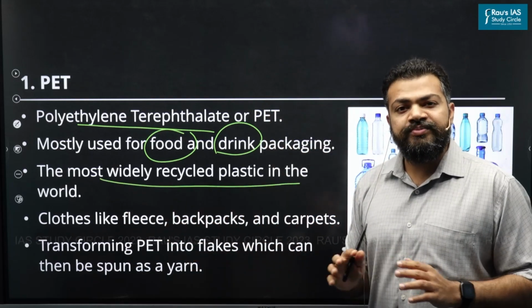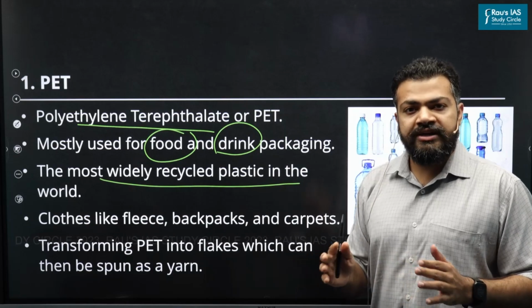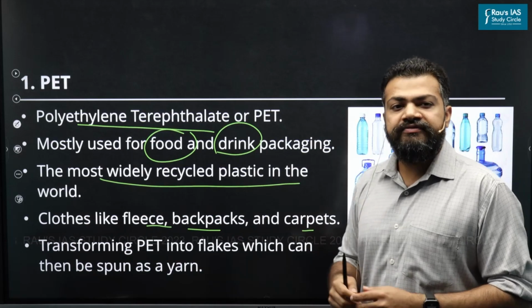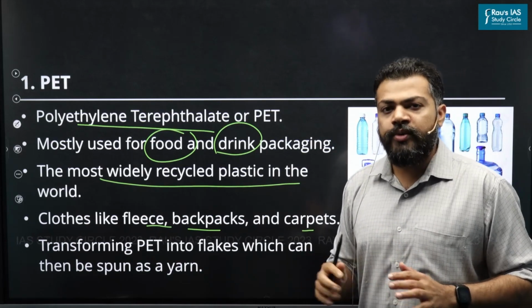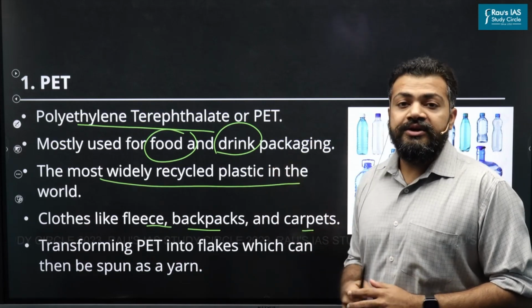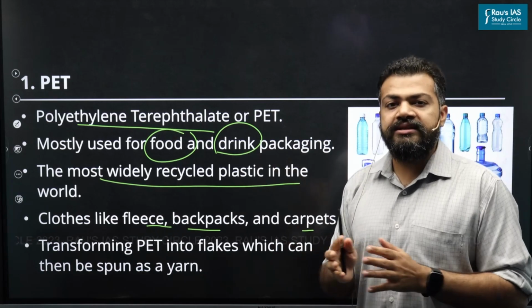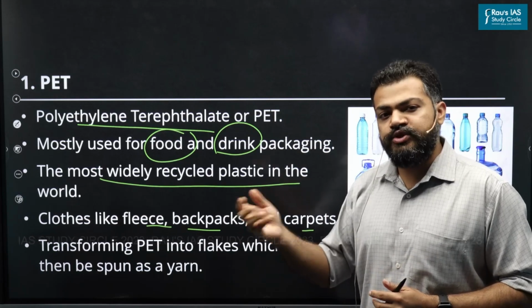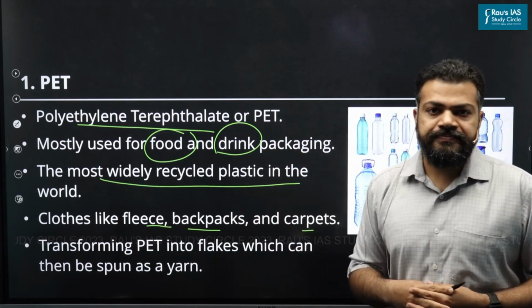In fact, you'll be surprised to know many of the clothes that we see these days, like fleece, backpacks, carpets, in fact many of the fashion attires that are quite popular around us, are made by recycling PET bottles into tiny fibers that can eventually be woven into any kind of cloth. Right.